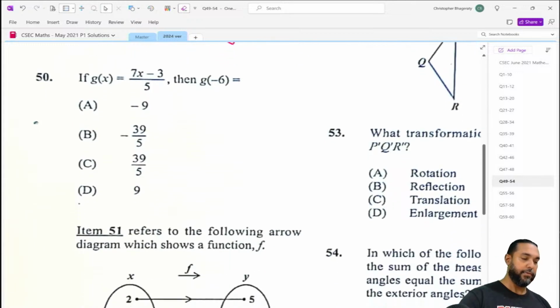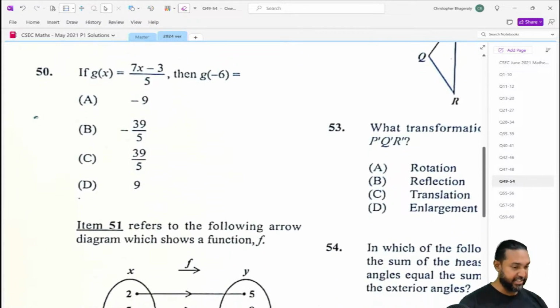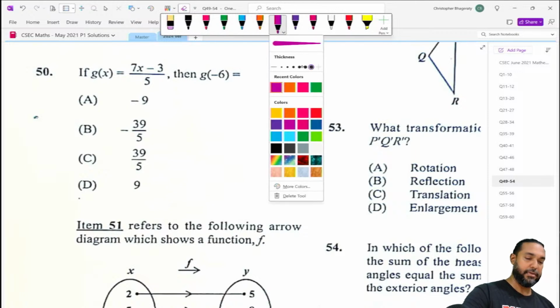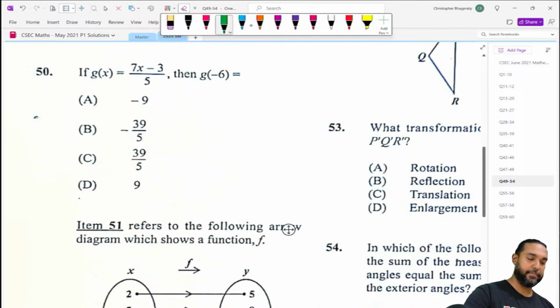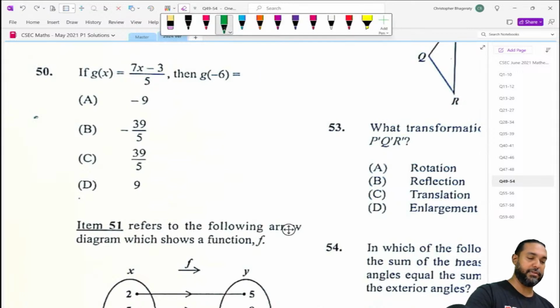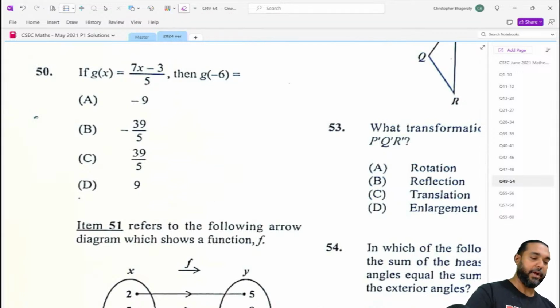Going down now. 50. If g of x is 7x minus 3 over 5, then g of minus 6. Oops. I forgot to go back to the smaller point. There you go. Right, so all we have to do is substitute x by minus 6: 7 times minus 6, then minus 3 again, all over 5. 7 times minus 6 is minus 42.